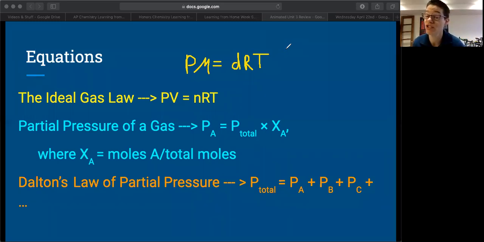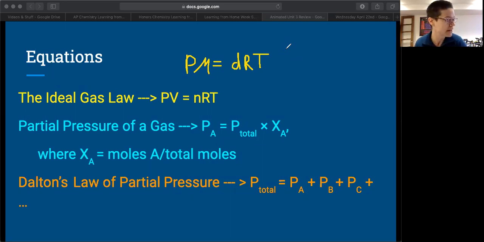So it's the pressure times the molar mass. That big M is the molar mass equals the density times the gas constant times the temperature. So this variation is handy to use if they're asking you about some unknown compound. You can find the molar mass of an unknown compound in that way.